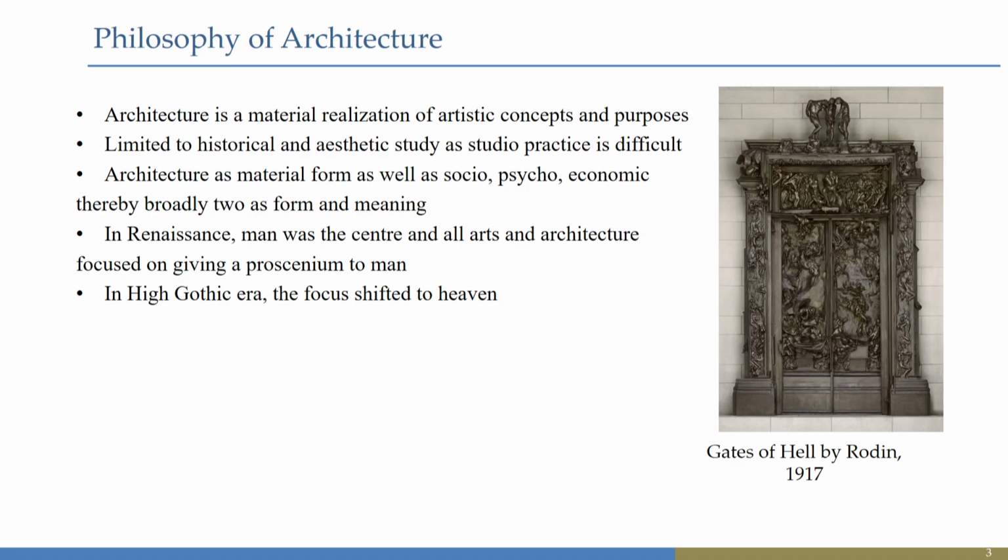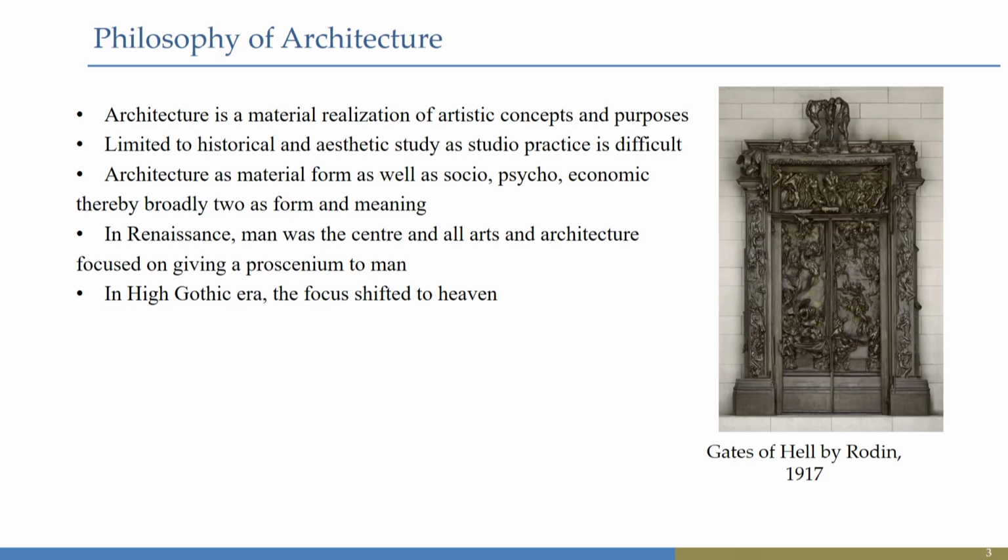Let us move forward. Now, we know that architecture is a material realization of artistic concepts and purposes. What does that mean? It means that as an artist, you may have certain concepts and some purposes. Now, how do you give a material form to your concepts and purposes?